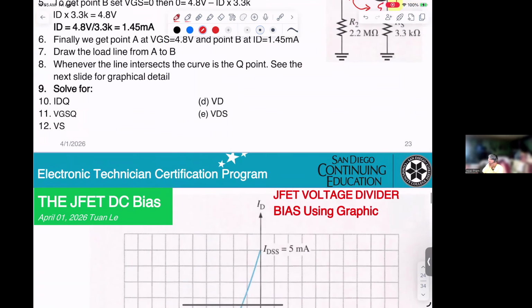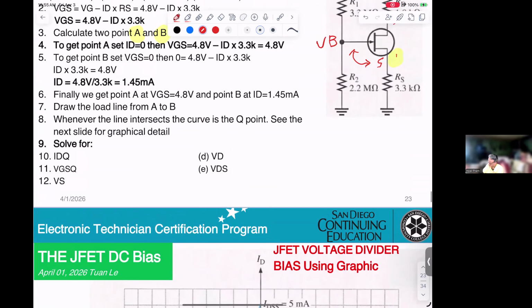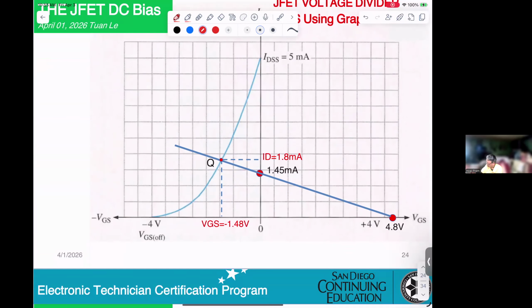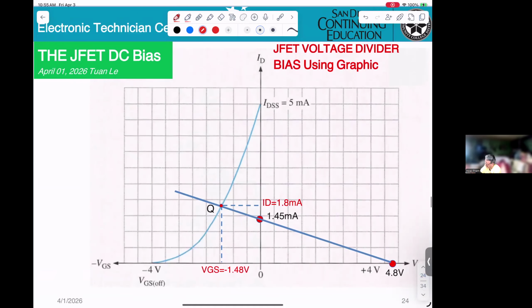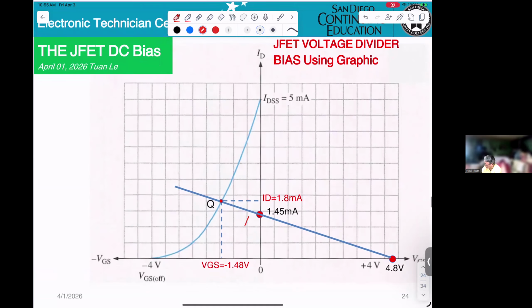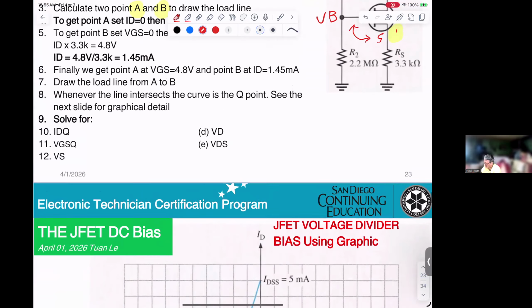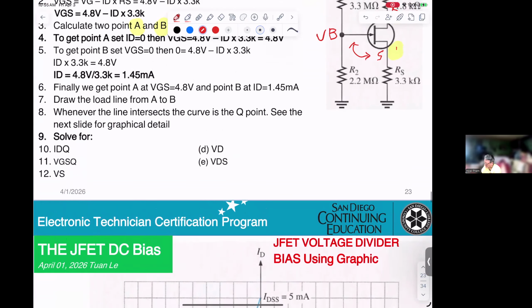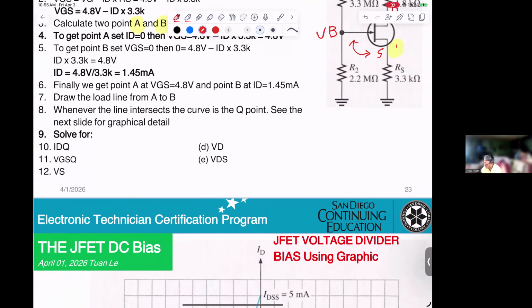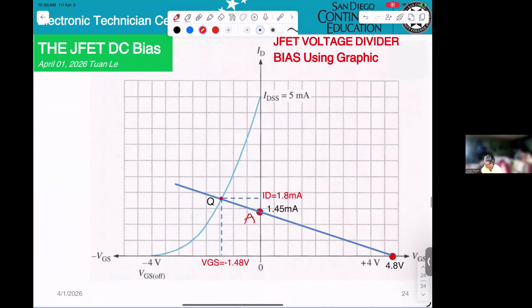So what they are telling you, in order to get point A, this means point A is here. To get point A, VGS equals 4.8 volt.